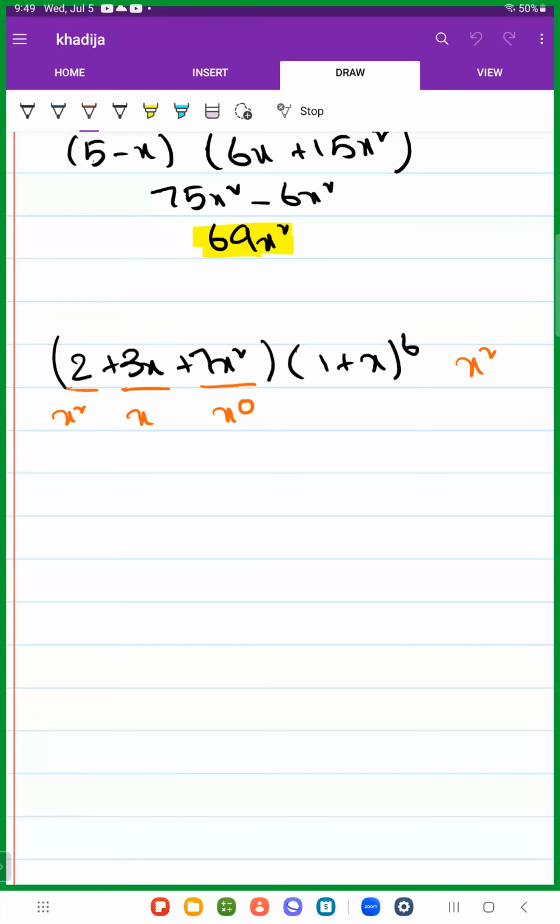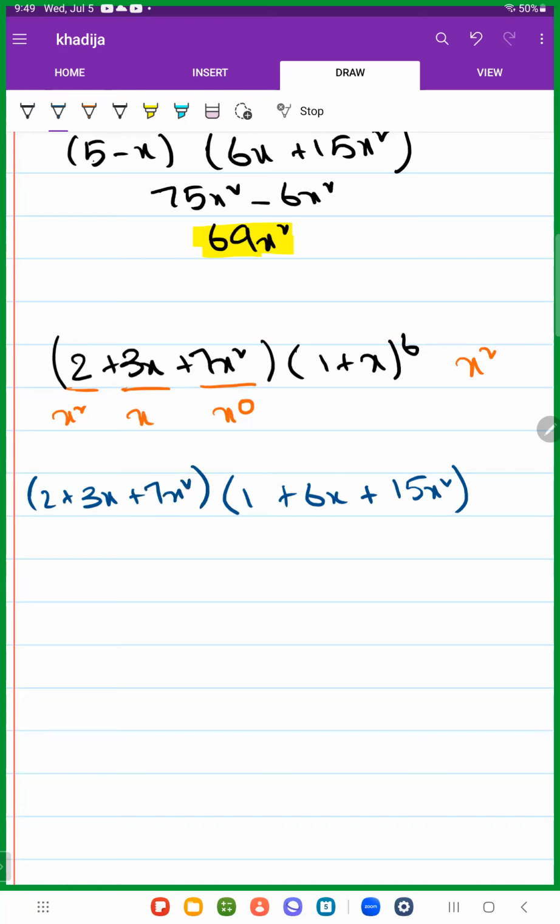Okay. So when you expanded it, what did you get? You would have gotten 1 plus 6 plus 15x squared. That's exactly what I got. And then I multiplied the 2 with the 15x squared, so I got 30x squared. And then I multiplied the 3x with the 6x, so I got 18x squared.